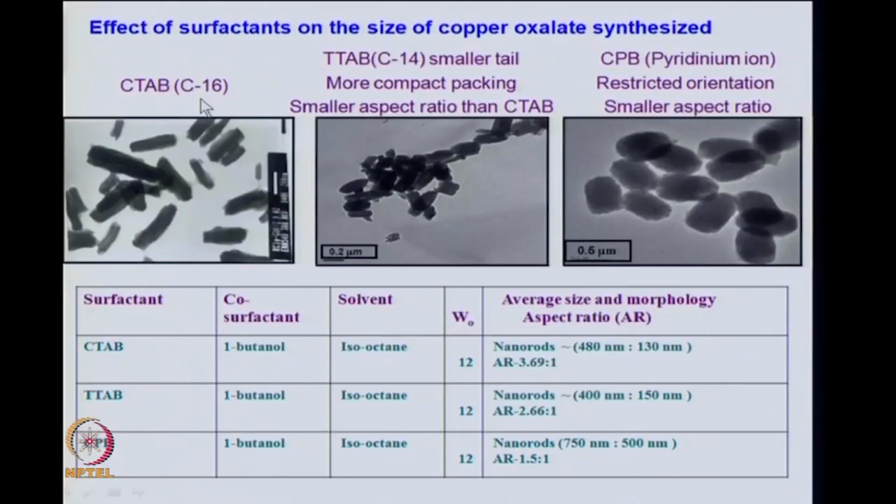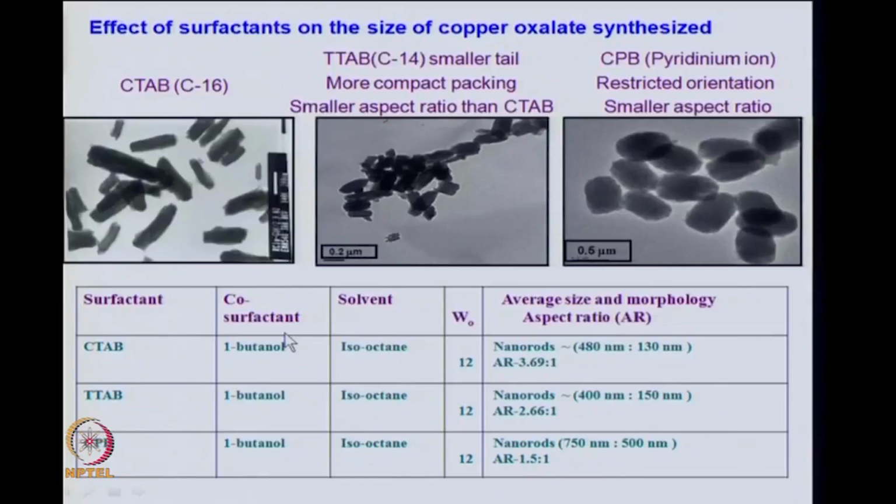If you have a C16 carbon, C14 carbon, this is a larger tail hydrocarbon chain, the smaller hydrocarbon chain, more compact packing, there is a smaller aspect ratio. If you have CPB, which is a pyridinium ion, you have a restricted rotation and you get smaller aspect ratio. So, these numbers we have tabulated.